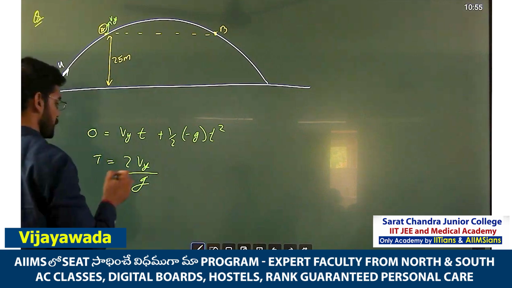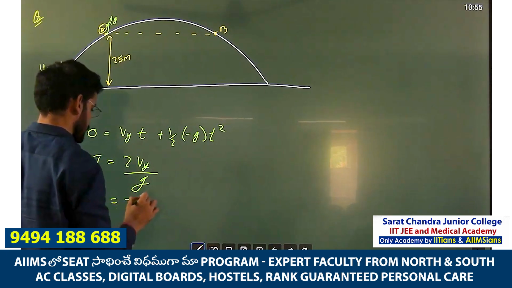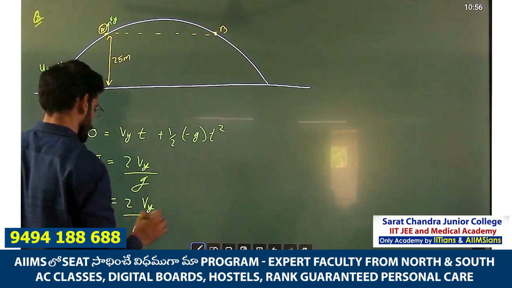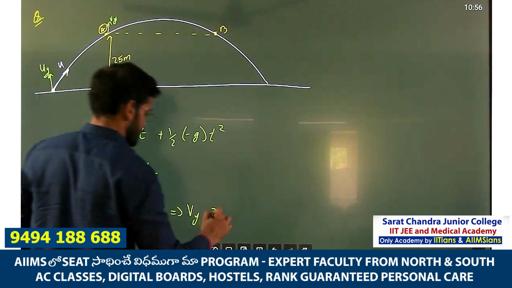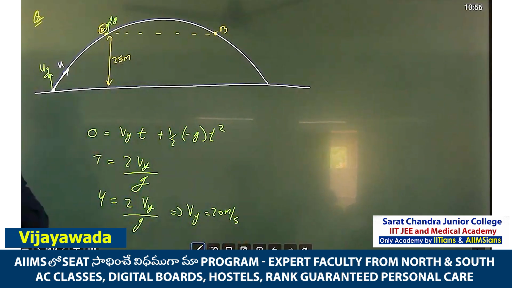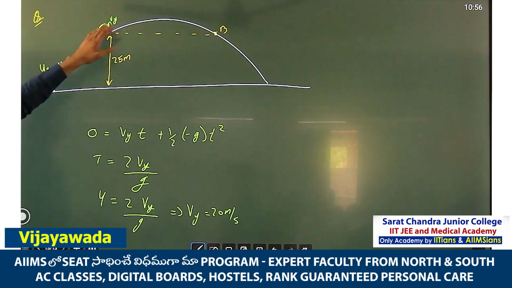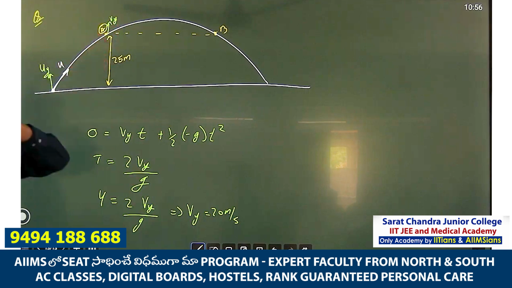So here, we know time is 4 seconds equal to 2 into Vy by g. g is given. Vy how much? 20 meter per second. Okay. Right? If we know Vy, can we get the Uy? How? In between these 2 points, I know the Vy, the final velocity, I know the displacement, and I know the gravity.